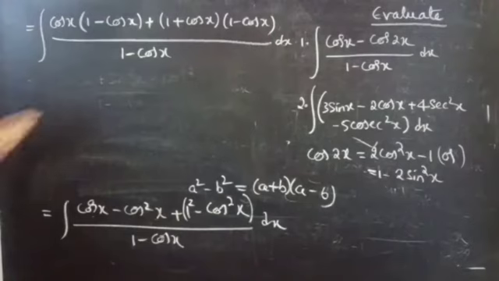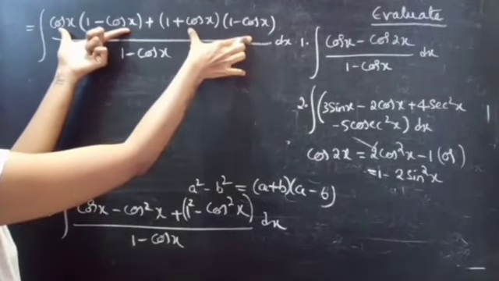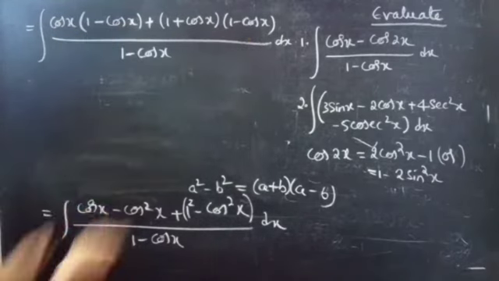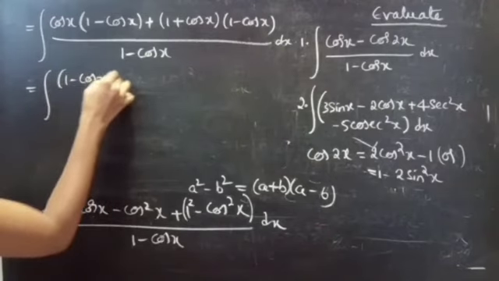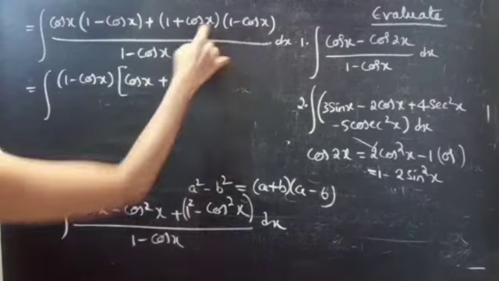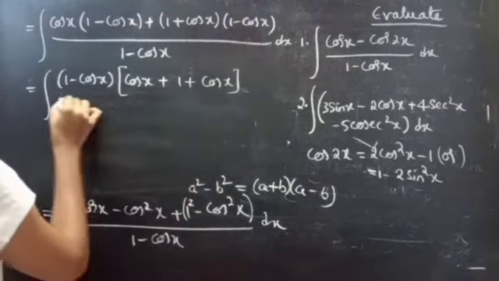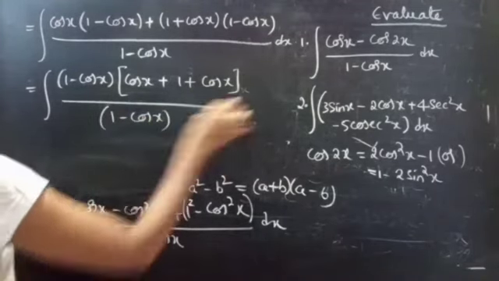Now in these two terms we have a common term, 1 minus cos x, so you can take this common. You'll get (1 minus cos x) into [cos x plus (1 plus cos x) by (1 minus cos x)] into dx.